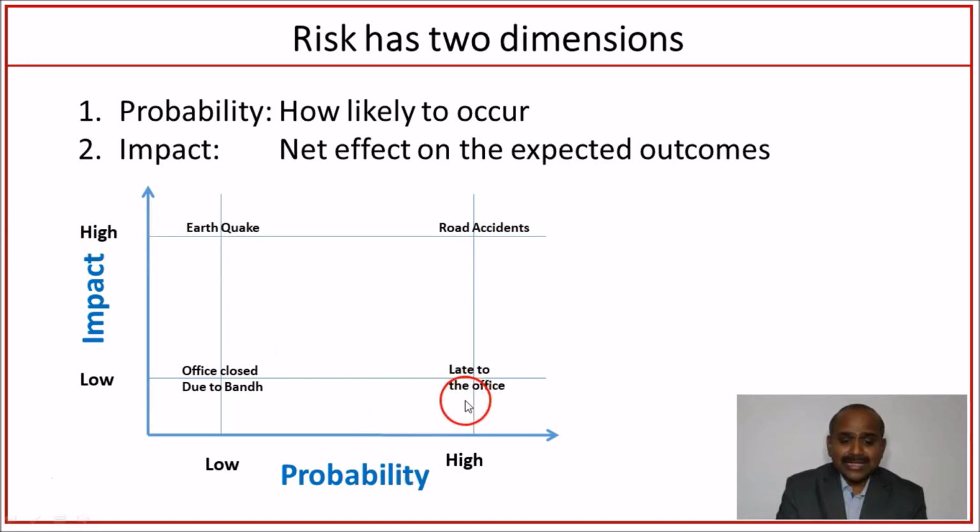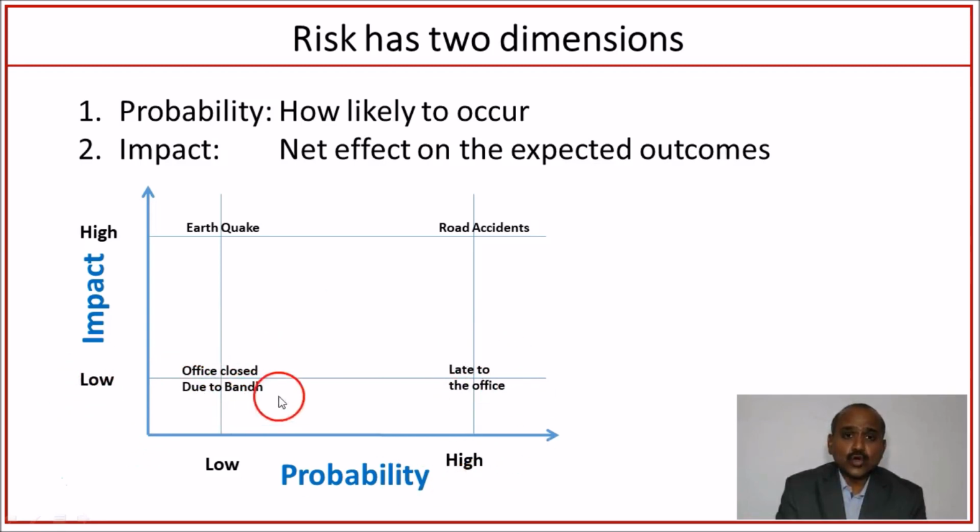Similarly, the probability of an employee being late to the office in that city is very high. Probably he spends more time and stays late in the night at the office. That's why him coming to the office late may be high in probability, but its net effect on his outcome is very low. So impact is low, probability is high.